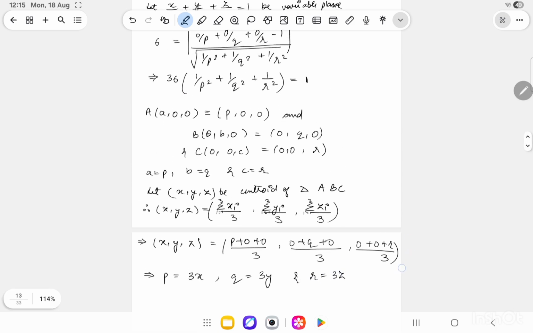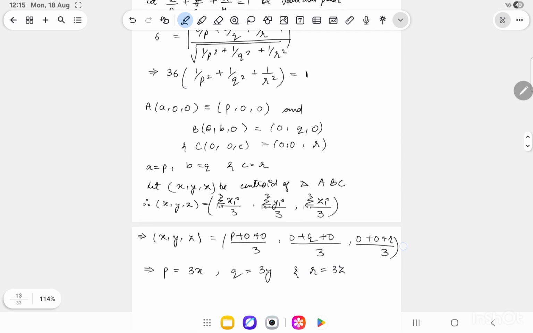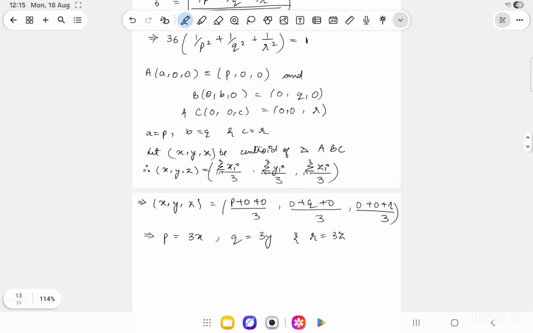And earlier we have already found a relation of p, q and r. So if I substitute the values of p, q and r in the star equation, I'll get 36 into 1 by p square, so that is 1 by 3x square plus 1 by 3y square plus 1 by 3z square equals 1.